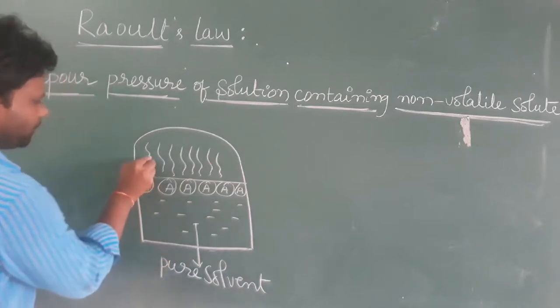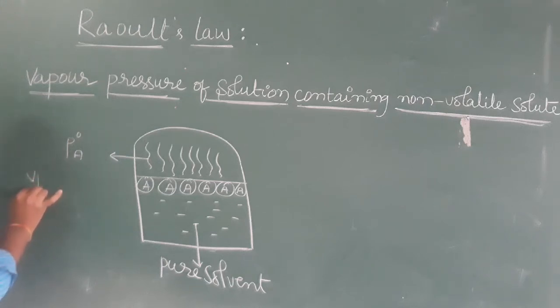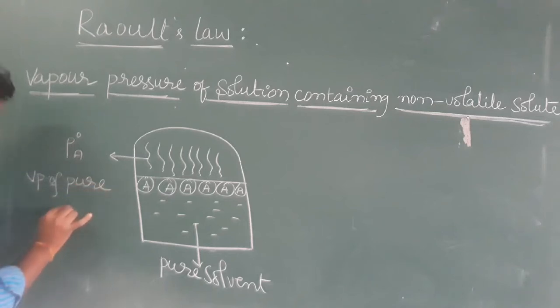Then its vapor pressure we take as P naught A. P naught A means vapor pressure of pure solvent.